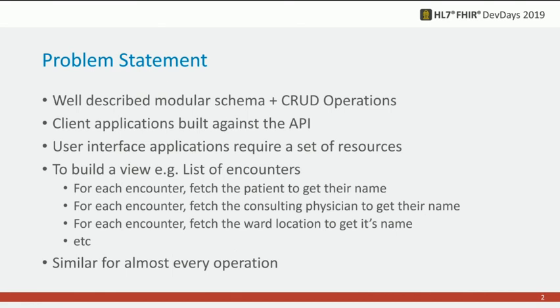For each encounter, you're going to fetch the patient resource so you can display the name of the patient. For each encounter, you'll fetch the consulting physician, the ward location, and so forth. And you'll do that for almost every list that you show in the application. That's plenty of work.